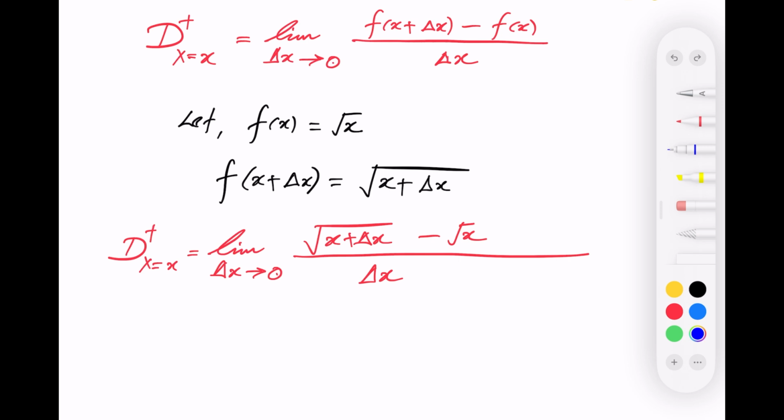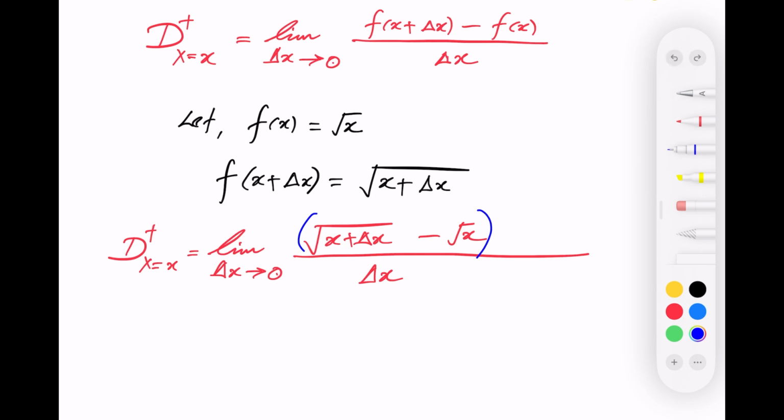So when you have an irrational function like this, what can you do in order to evaluate this limit? Remember, we rationalize the irrational component, which means both top and bottom must be multiplied by the conjugate of the irrational part. So what's the conjugate of this irrational part? The conjugate of a minus b is equal to a plus b.